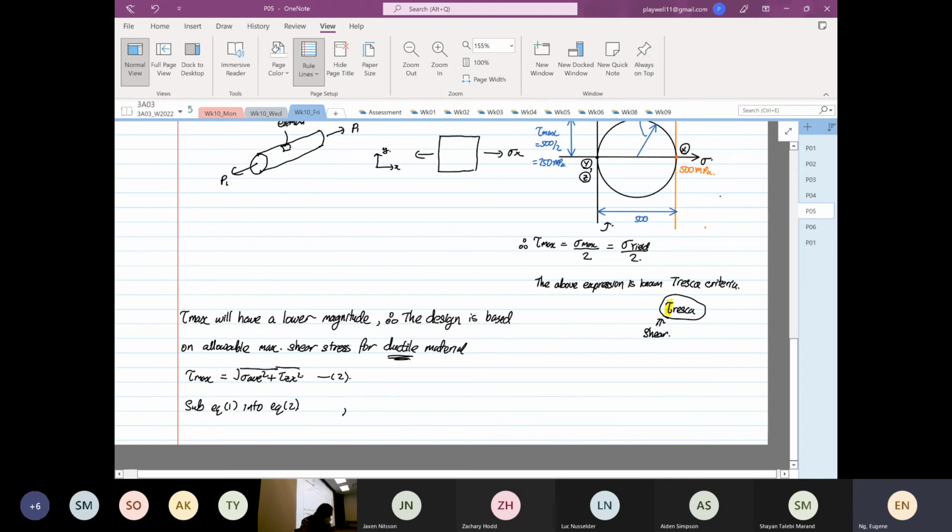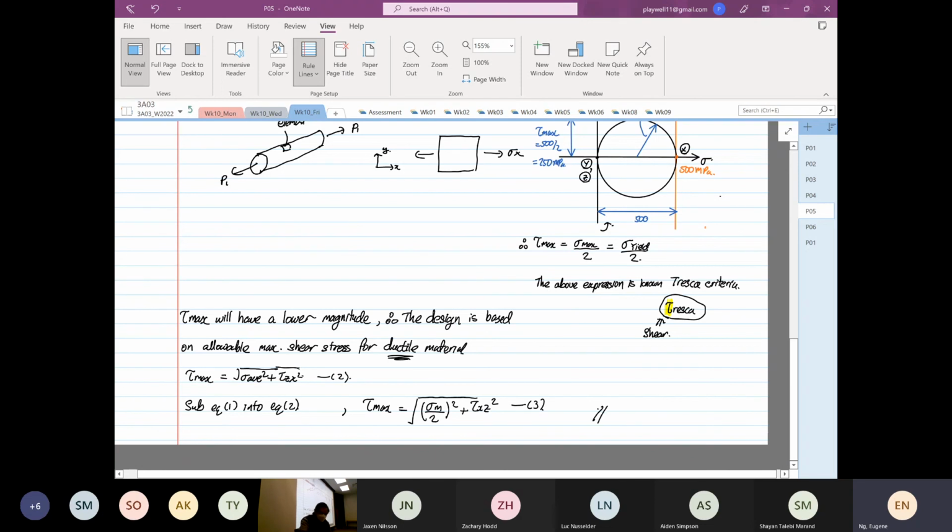The expression will look like tau max is equal to the square root of the stress induced by bending moment squared plus the shear xz squared. This is our equation number 3.